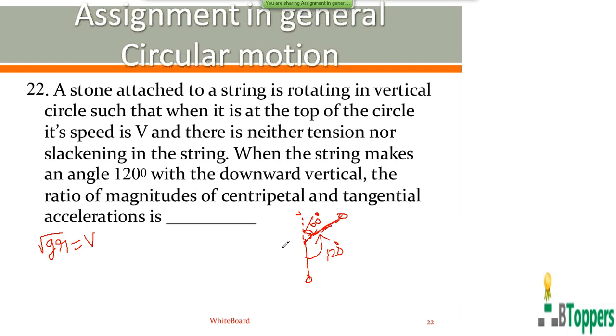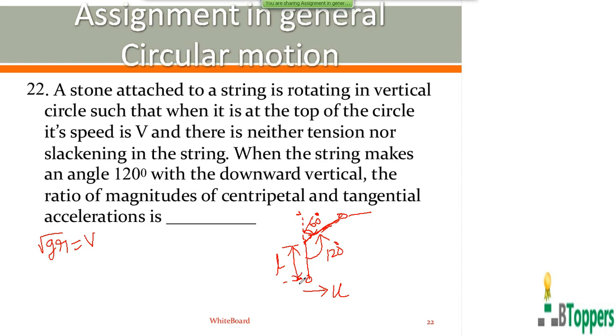Let L denote the length of the string or the length of the pendulum. This is the value of v at the highest position. That means the body is rotating in a vertical circular path with critical speed.